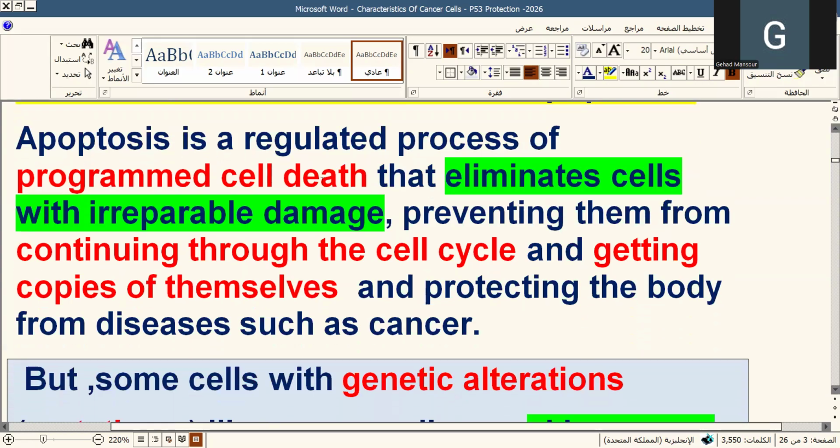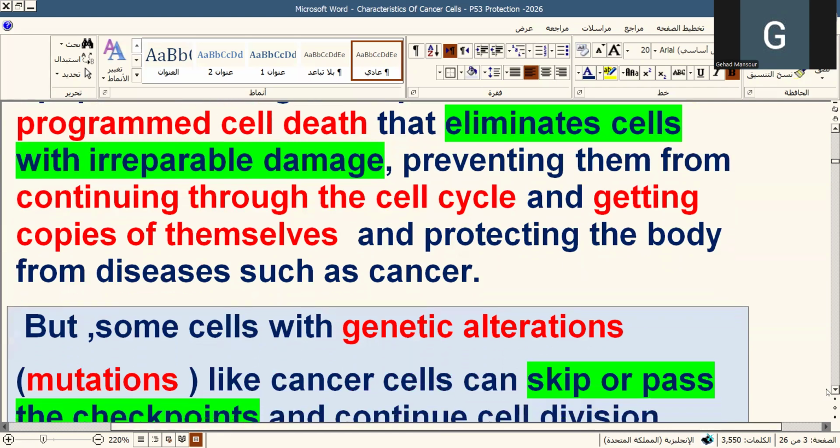So apoptosis, as we have just said, is a regulated process of programmed cell death that targets the cells with irreparable damage. That's to say, we've explained before that when the cell detects damage, the cell is arrested temporarily in G0 in a trial to repair that damage. But afterward, if the damage proves to be irreparable, then the cell will undergo apoptosis.